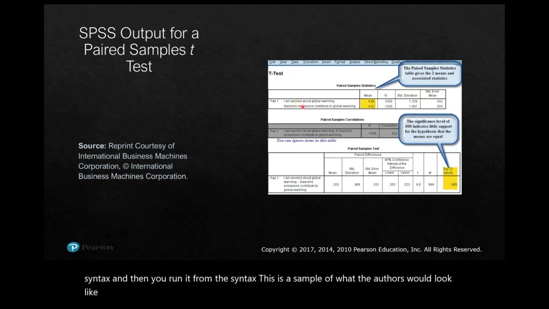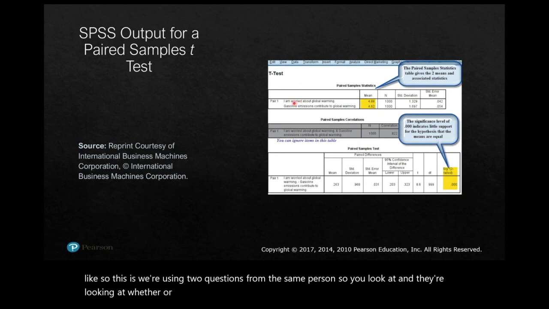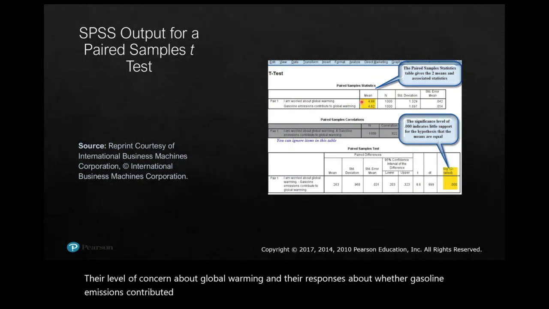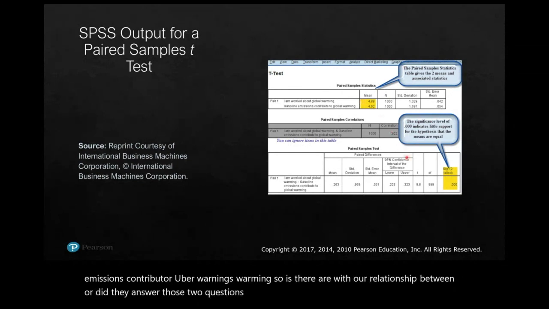So here we're using two questions from the same person. They're looking at whether or not there is a relationship between how the persons respond in terms of their level of concern about global warming and their responses about whether gasoline emissions contribute to global warming. So is there a relationship between, or did they answer those two questions similarly? And this is what is being tested here.